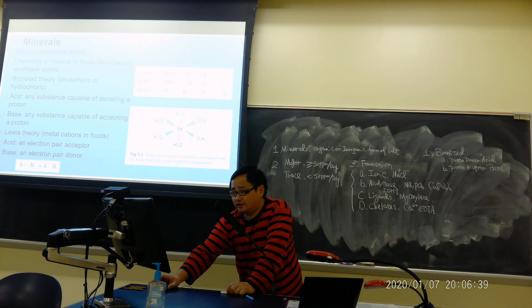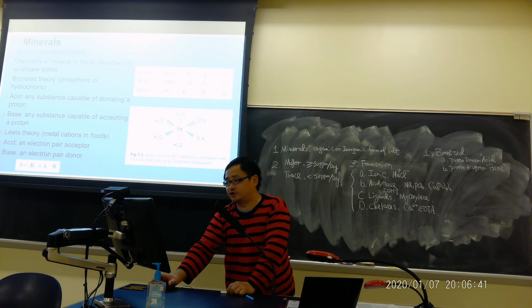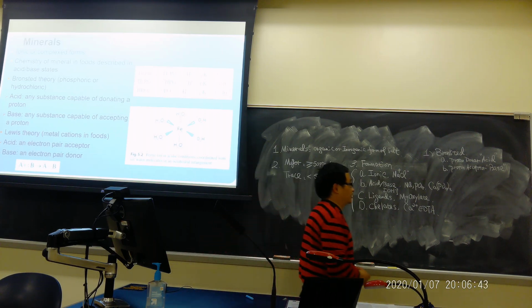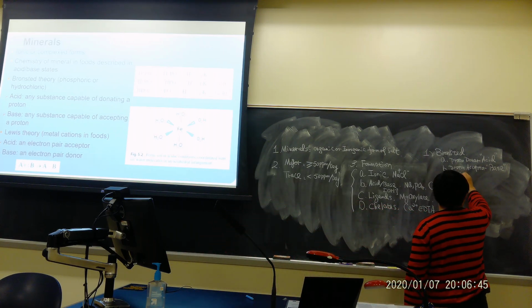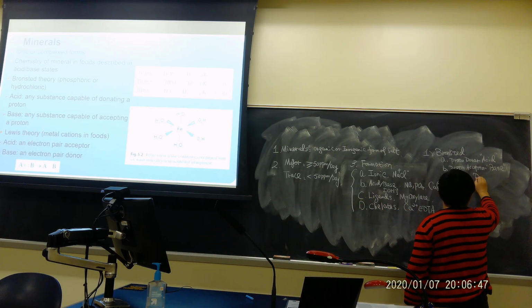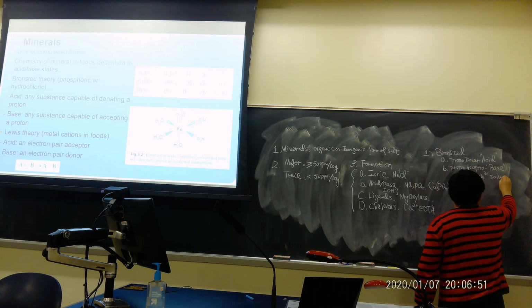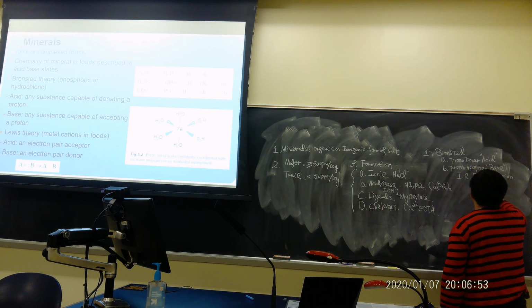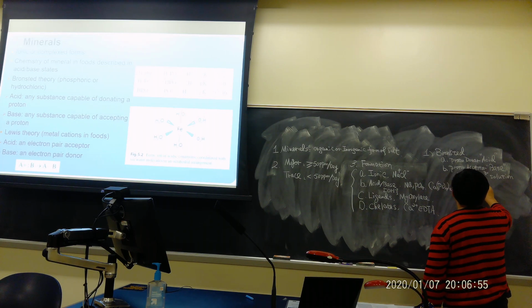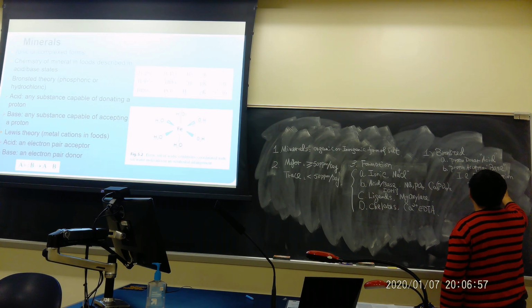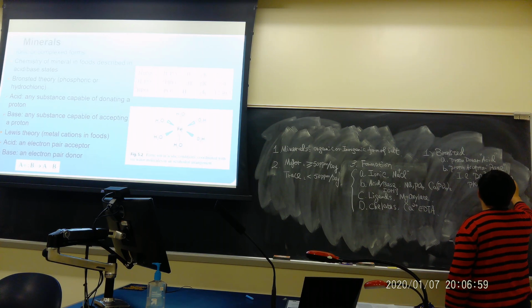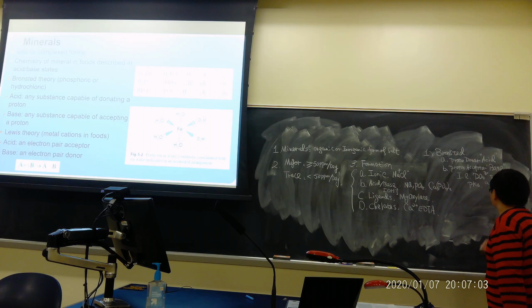Therefore, phosphate is a good solution for buffering. A good example here is a phosphate solution. Because of the wide range of pKa values, it is a good buffering solution, a good buffer.